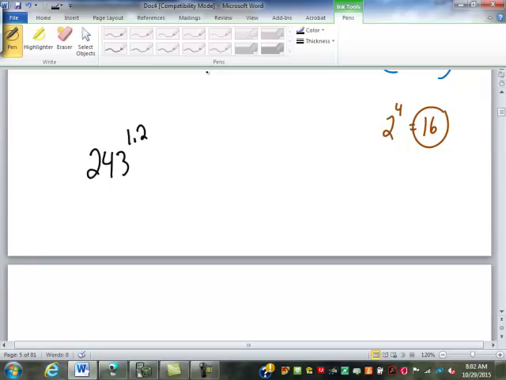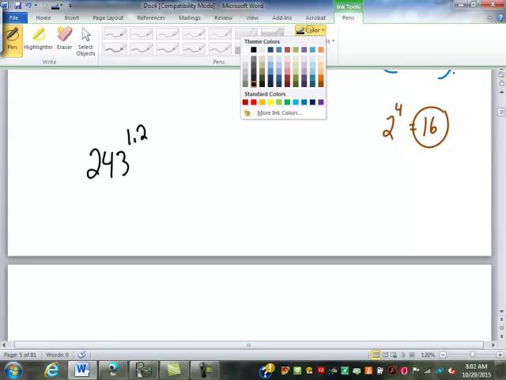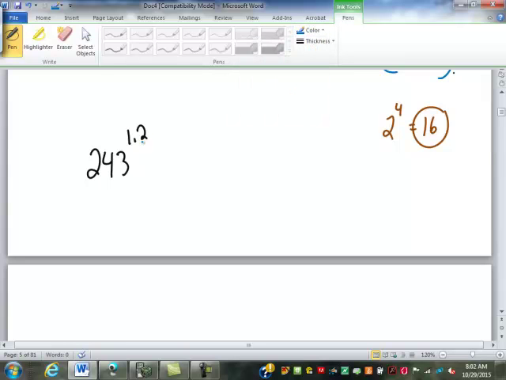So without your calculators, tell me what that means. Well, 1.2 is 1 2/10, right? Or 1 1/5 if you reduce it. Or 6/5. Why did I do that? Because it's easier to work with powers, exponents, as improper fractions.